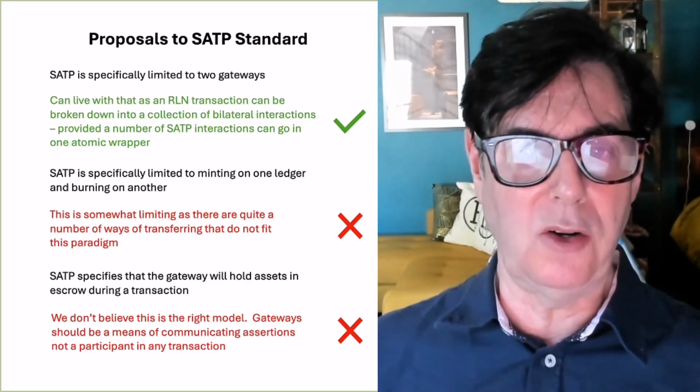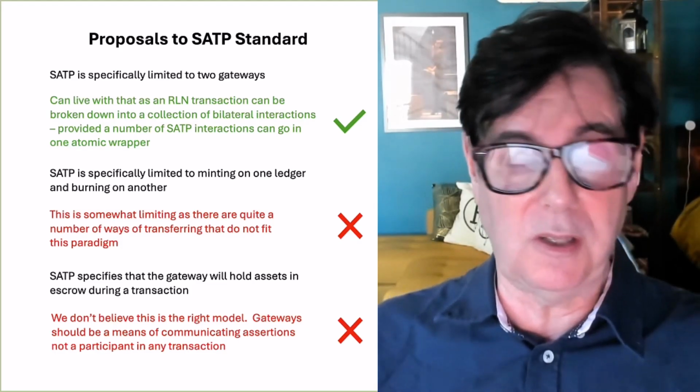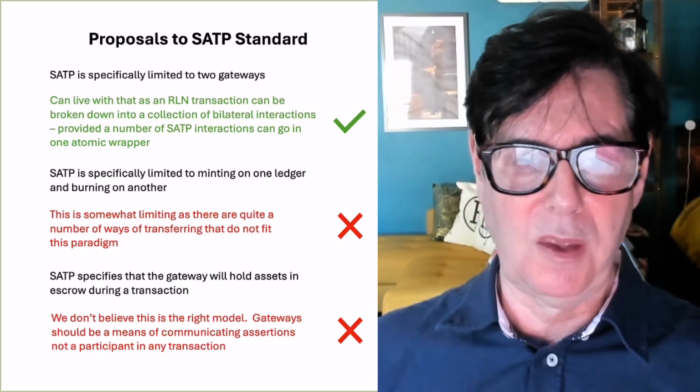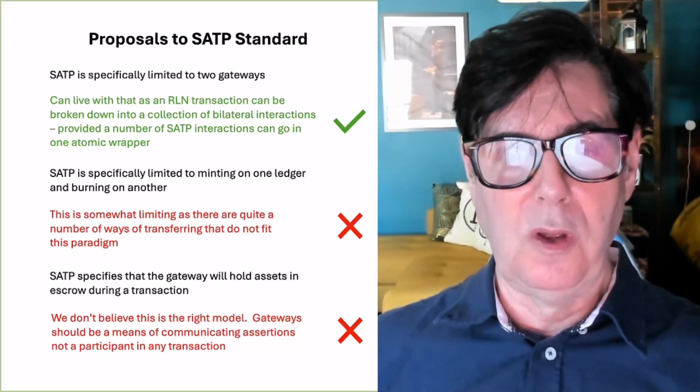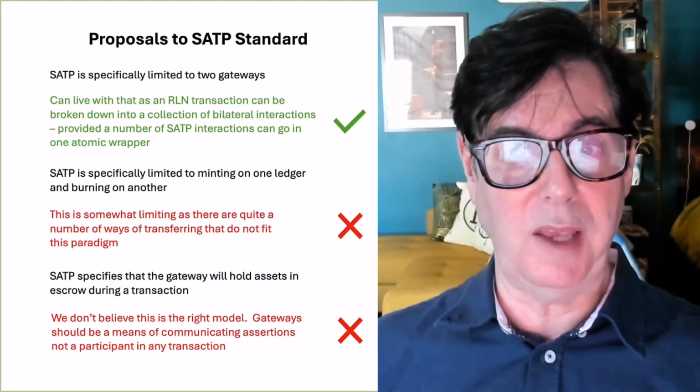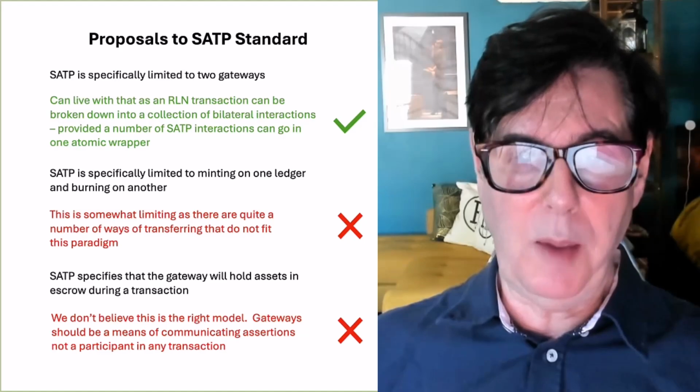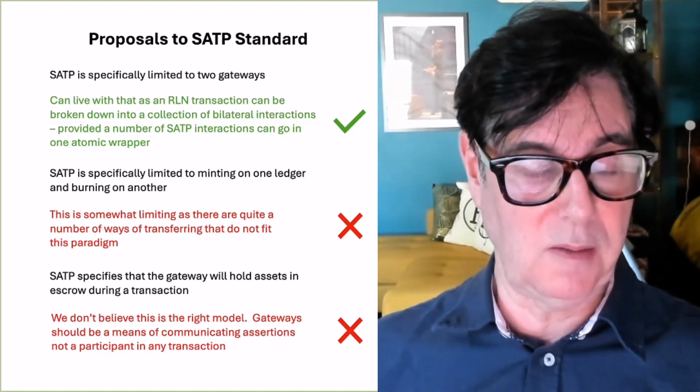We're trying to encourage the group of contributors to drop this as a mandatory feature. Overall, we are really very encouraged by SATP. We're happy to contribute to it as a standard.